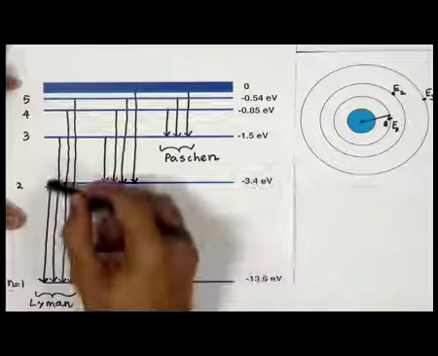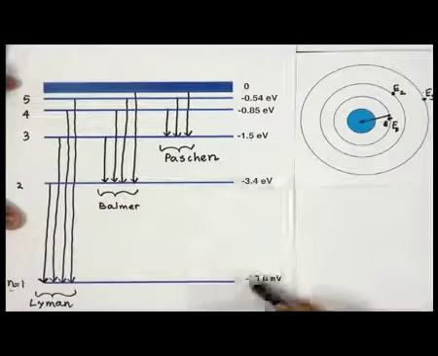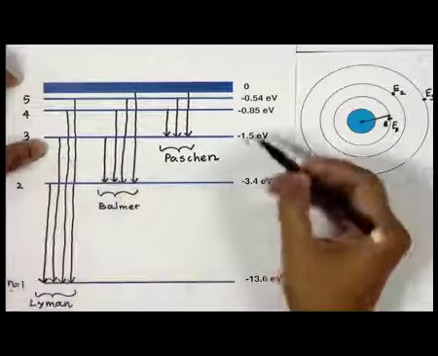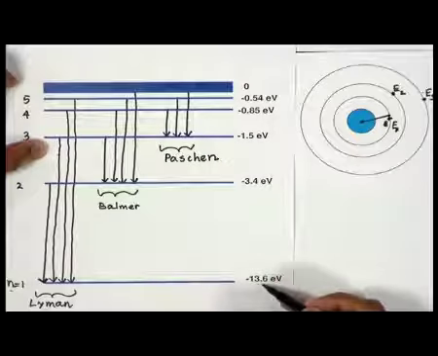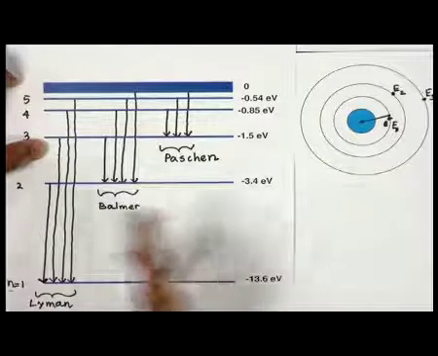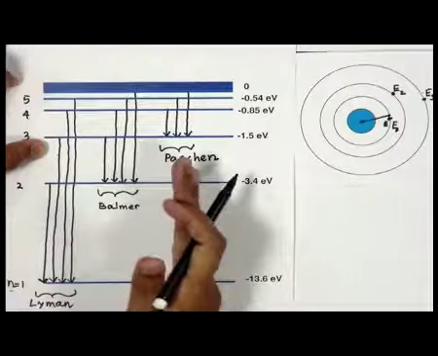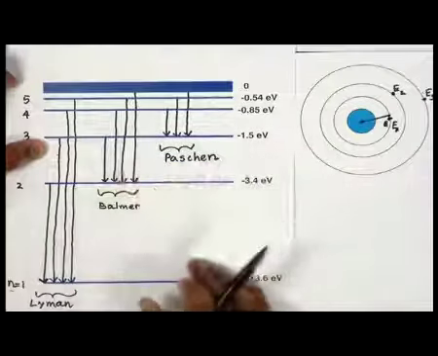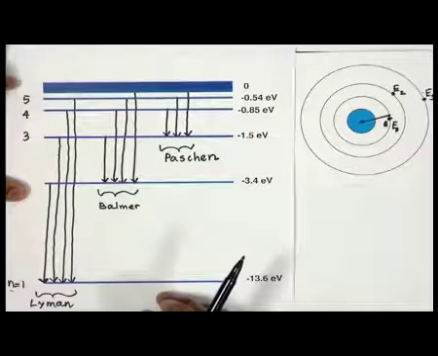For example, this line will come out at minus 3.4 minus minus 13.6, and the second line will come out at the energy minus 1.5 minus minus 13.6 electron volt, but in between these two numbers there will be no line. So, this explains why we get a series of lines separated from each other in the hydrogen atom's emission spectrum. But then what about those bands that we are seeing?